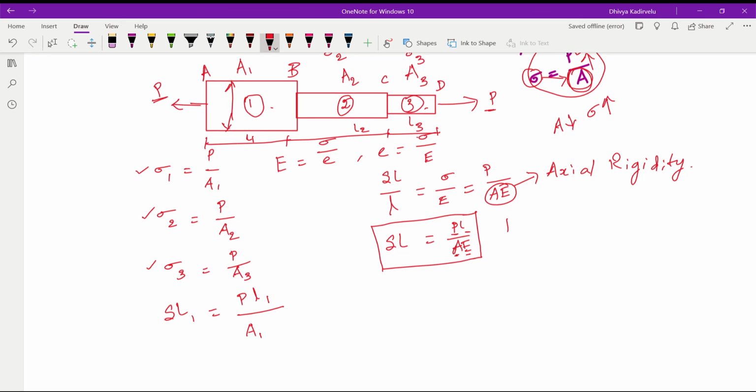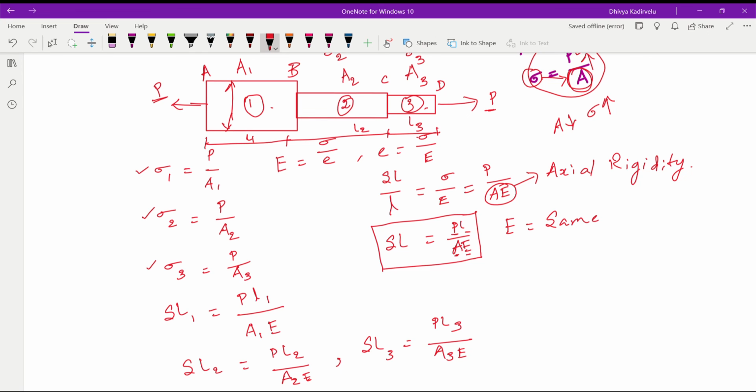So Young's modulus is same for all three sections, right? So here E. Likewise, I can write the equation for another two portions. So del L2 is P L2 divided by A2 E, and del L3 equal to P L3 divided by A3 E, right?